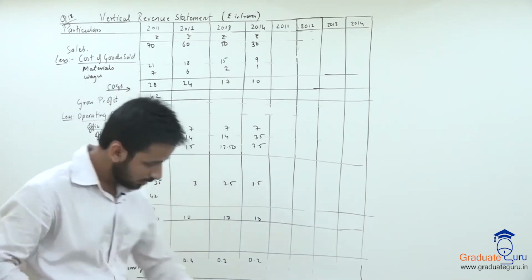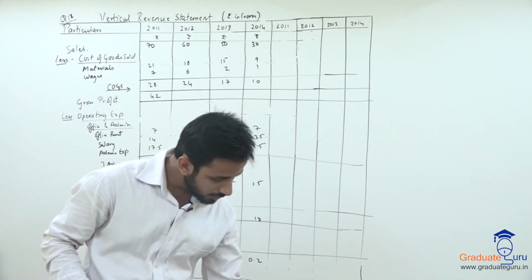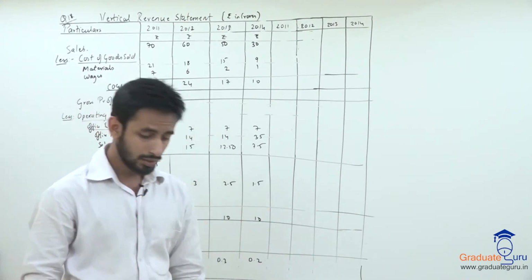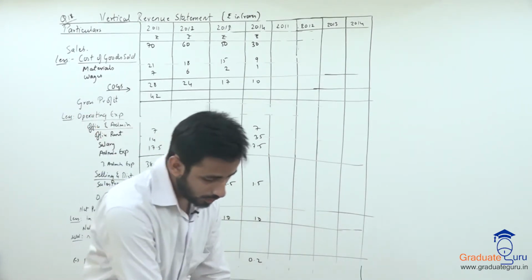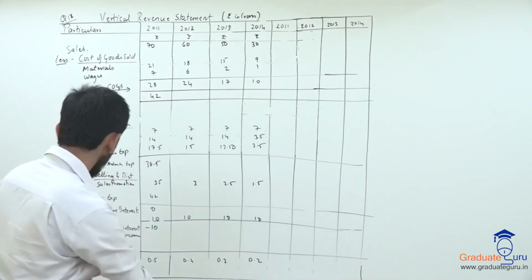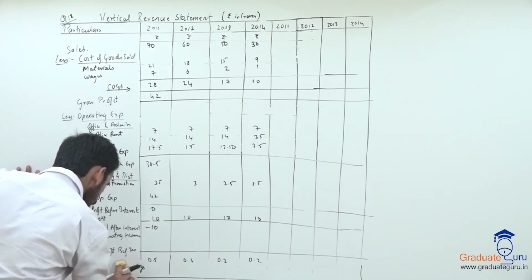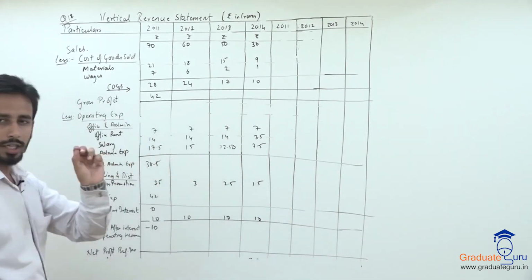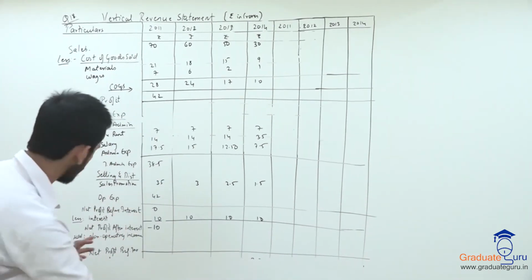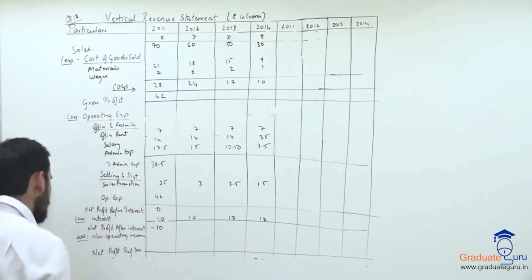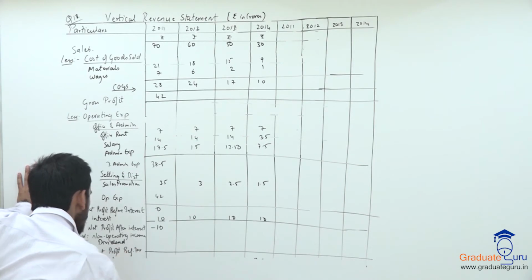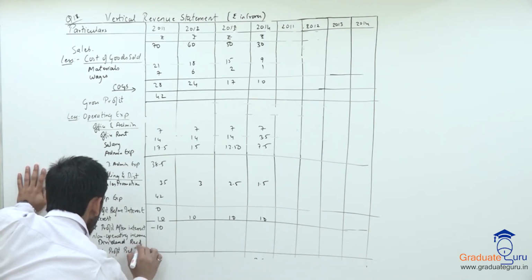Non-operating income. Acha, this is dividend received. So what will you do here? Your question is ending over here only. If you don't read one word properly, you need to redo everything. So it's non-operating income. I had written it here too, dividend received.